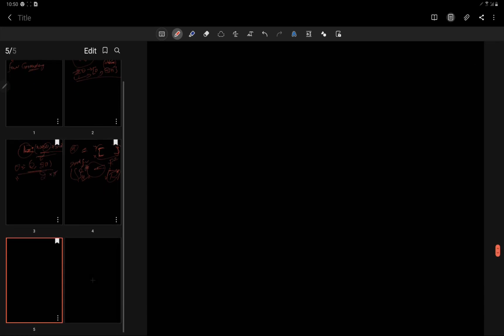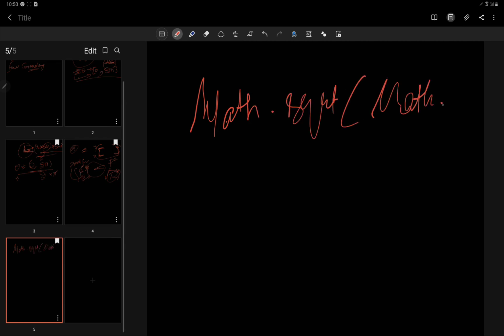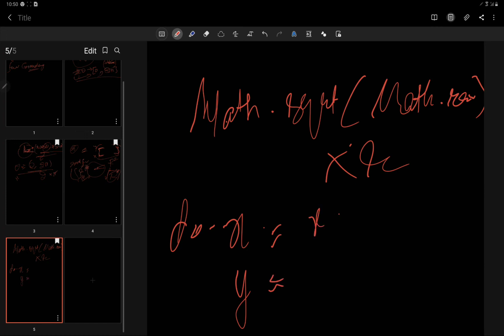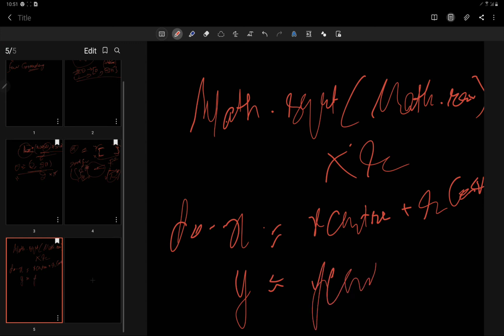For radius, since it's under root of R, it would be math dot sqrt for the square root, and here we will write math dot random, and because we take the square root, we then multiply by R. So the final coordinates that we will be returning, x and y, would be x center plus r cos theta, r being the new radius calculated, and y center plus r sin theta. Alright, I hope this is clear.